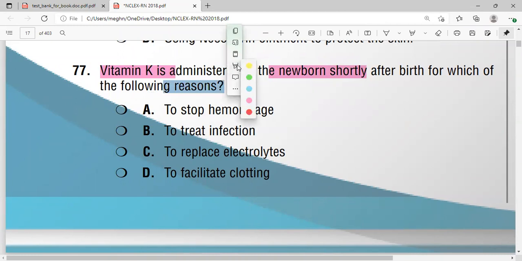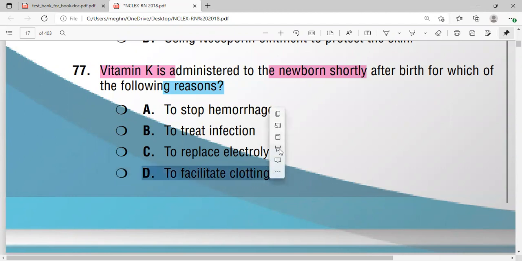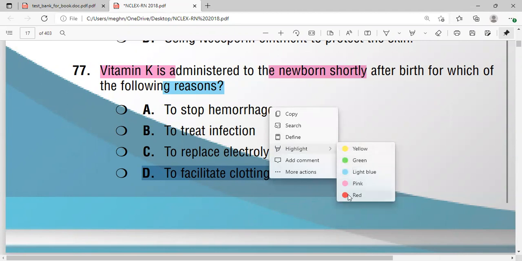This is the question the examiner is asking us. A, to stop the hemorrhage. B, to treat the infection. C, to replace electrolytes. And number D, to facilitate the clotting. The correct answer is number D, to facilitate the clotting. This is the answer.